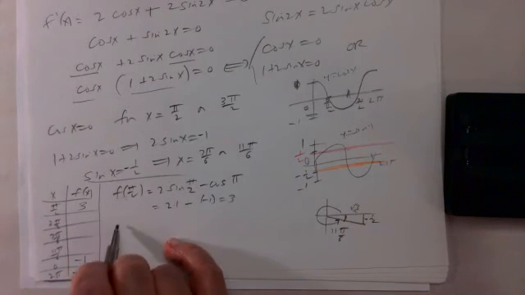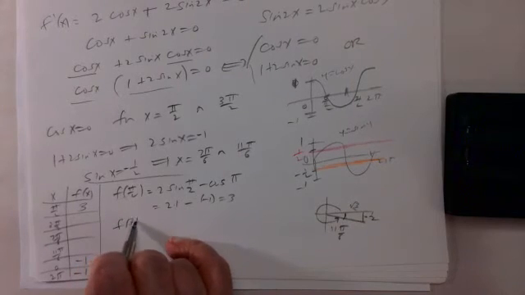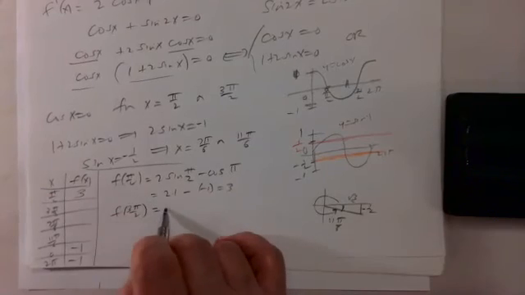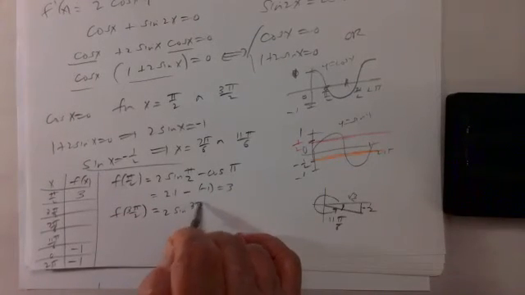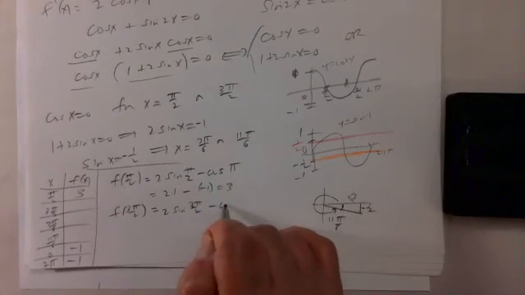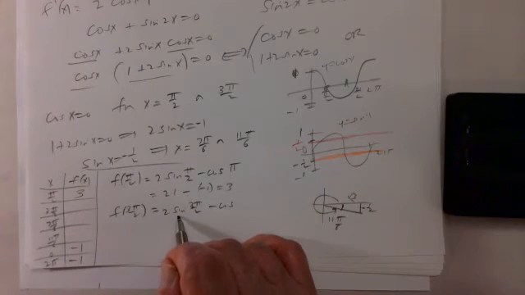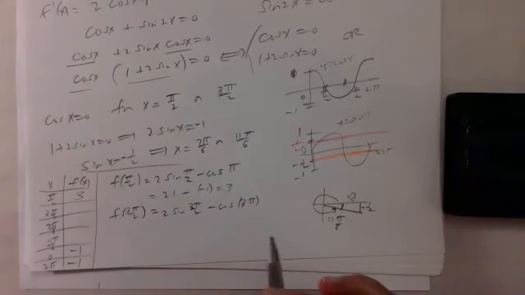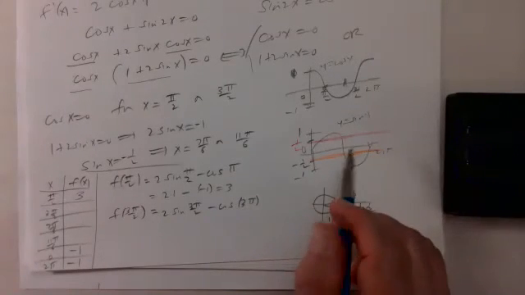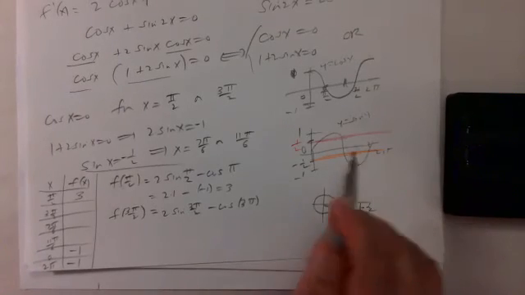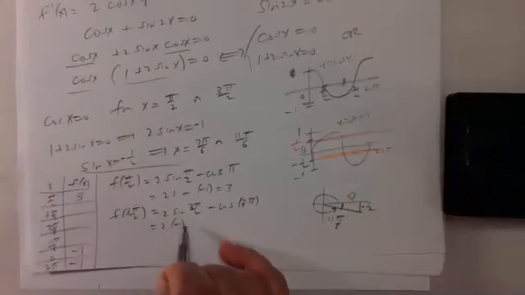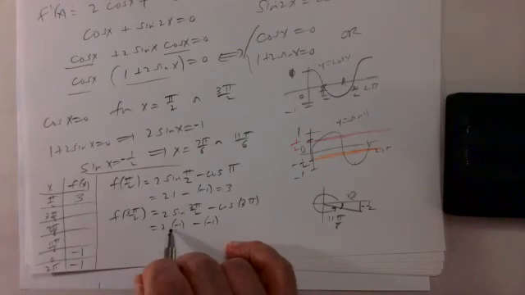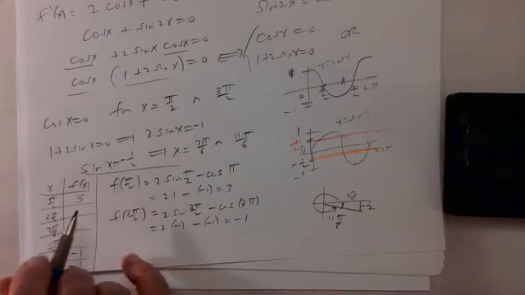What about 3 pi over 2? F of 3 pi over 2 is 2 times the sine of 3 pi over 2 minus the cosine of 2 times 3 pi over 2, which is 3 pi. What is the sine of 3 pi over 2? It's minus 1. And the cosine of 3 pi is minus 1. So I get minus 2 plus 1 is minus 1.